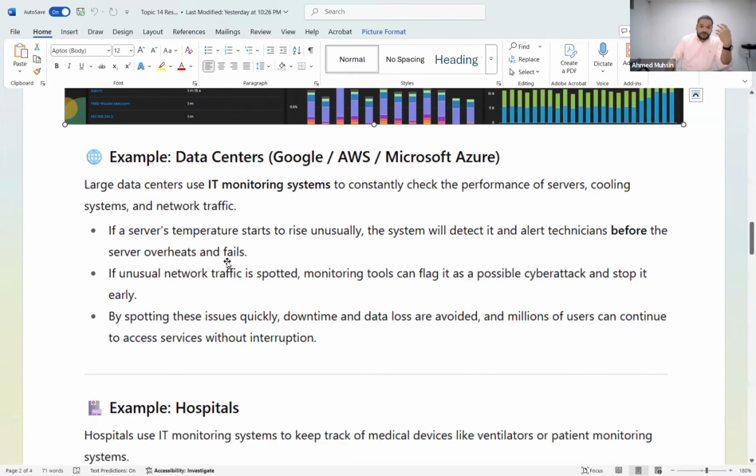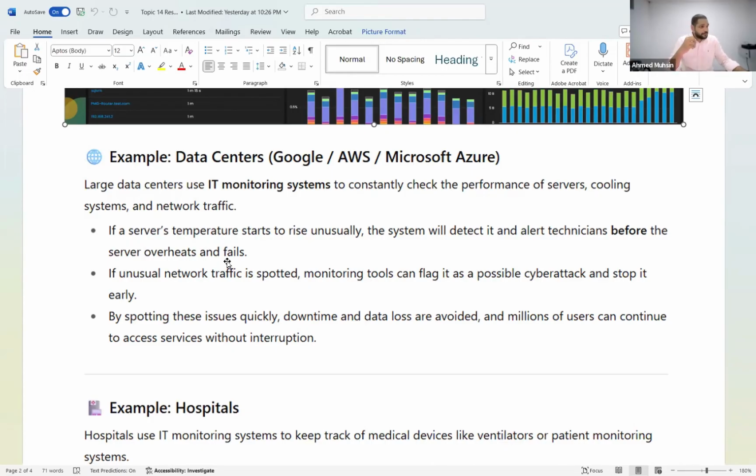If unusual traffic is spotted, way more traffic than we expected. Can you guys go through this? These are examples of what we call monitoring and maintenance.